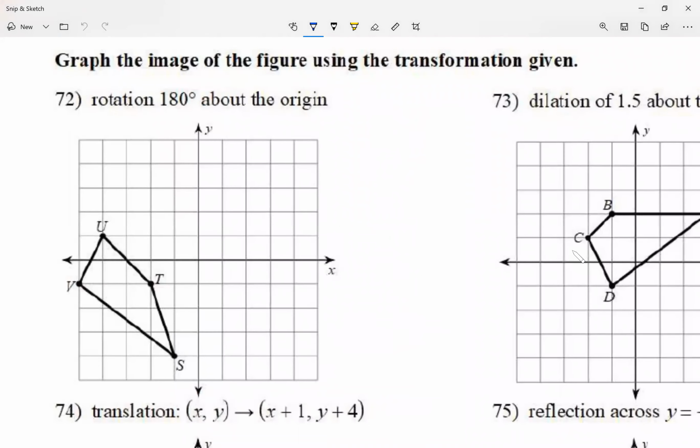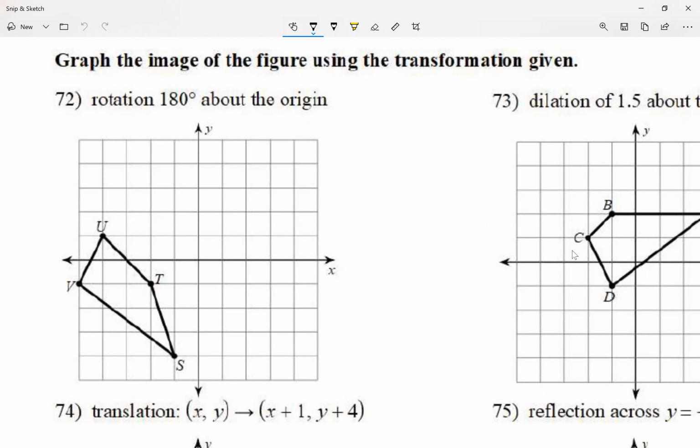Graph the image of the figure using the transformation given. Now in the homework, I'm only going to ask for the coordinates of the points, but here I'm going to have all of them. So rotation 180 about the origin. What I'm going to do for rotation, let me get the original points to begin with. The original coordinates, it doesn't matter which one I start with.